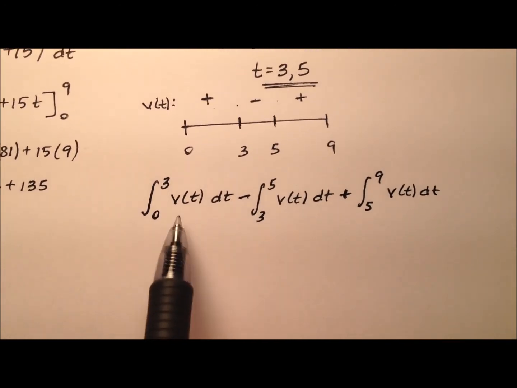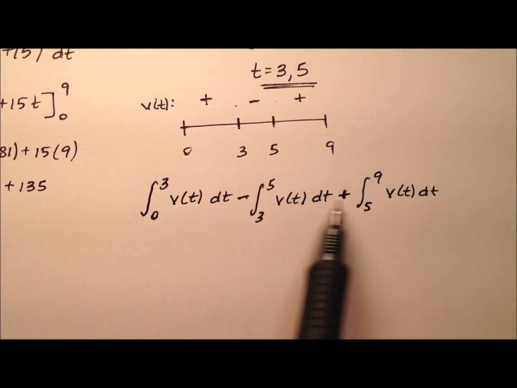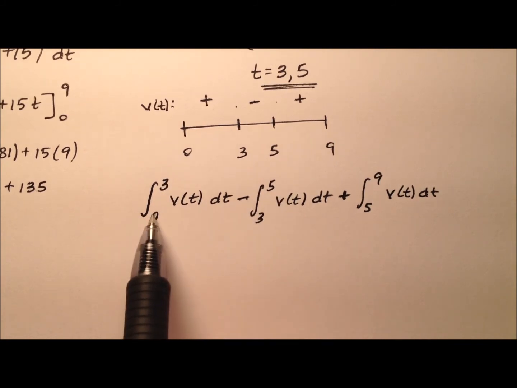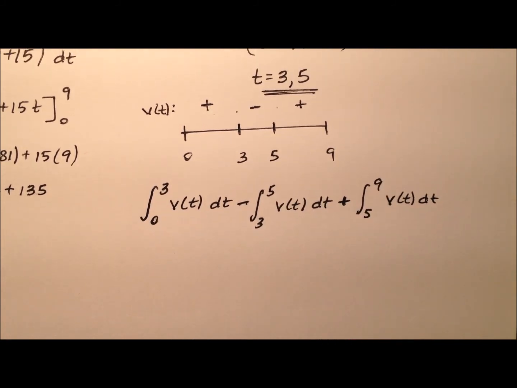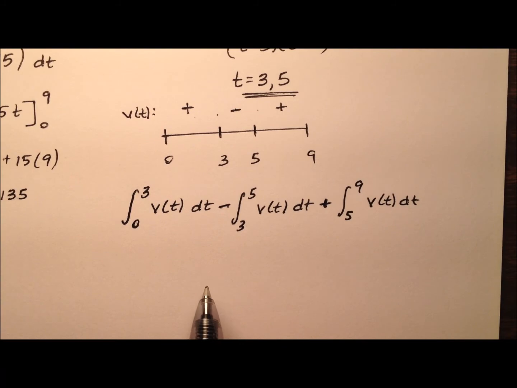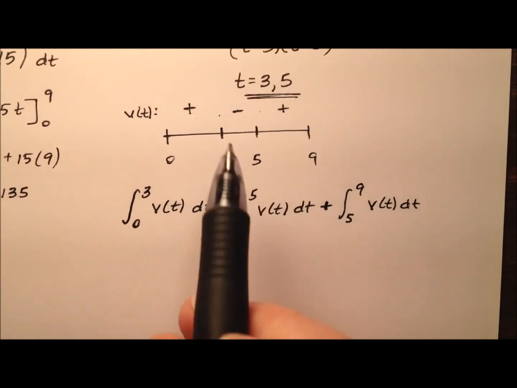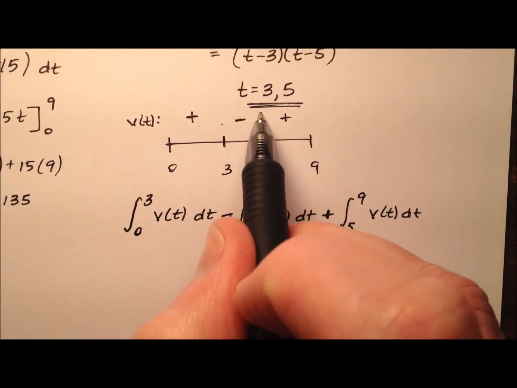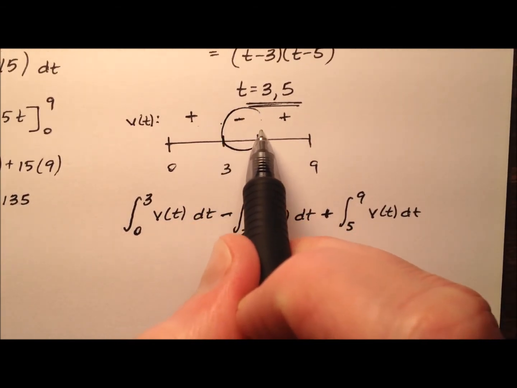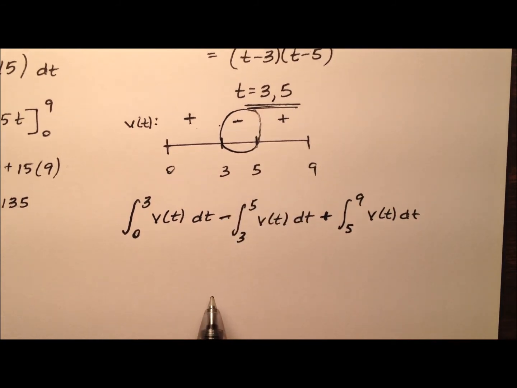Okay. Well, doing all three integrals and then evaluating at 0, 3, 5, and 9 seems a little cumbersome. So instead, what we're going to do is just take our displacement, which we already have the value for, except the displacement did not take into account this right here. It actually subtracted it out.